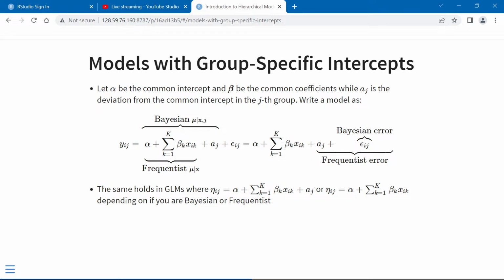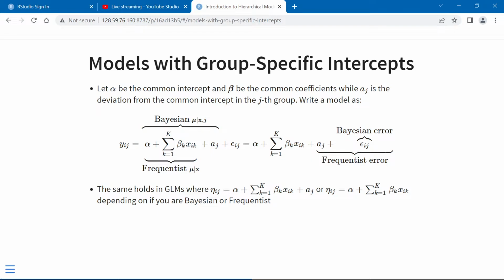So from a Bayesian perspective, all of this from alpha up through a sub j is the conditional expectation function for mu, the expectation of y, given the x's of the small units and the fact that the small units are within the j'th big unit.